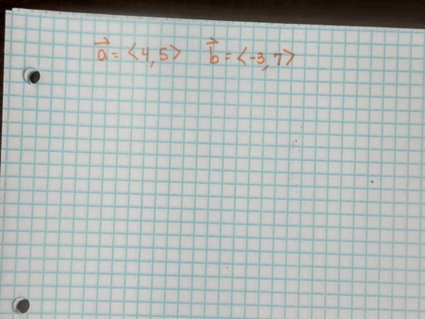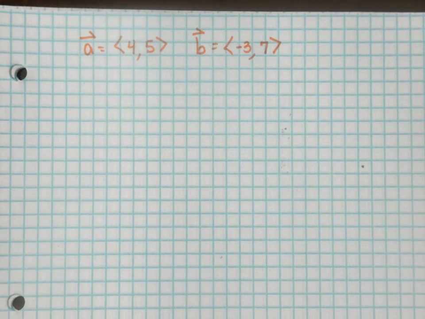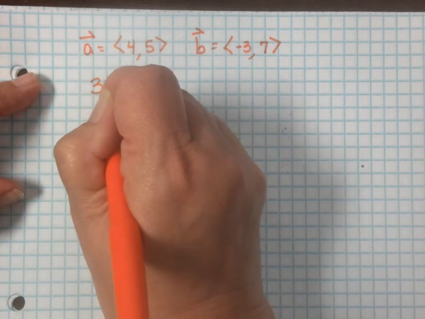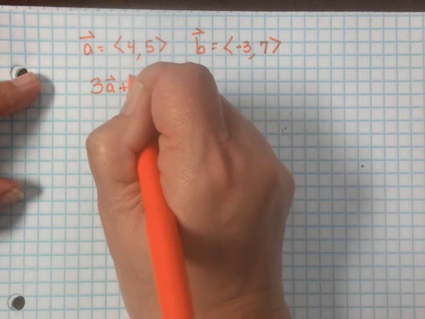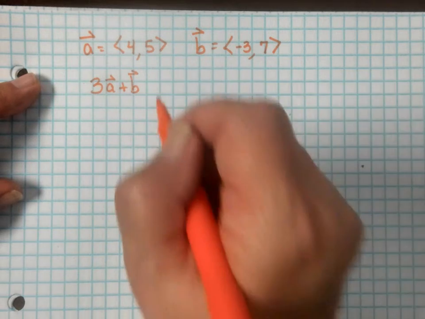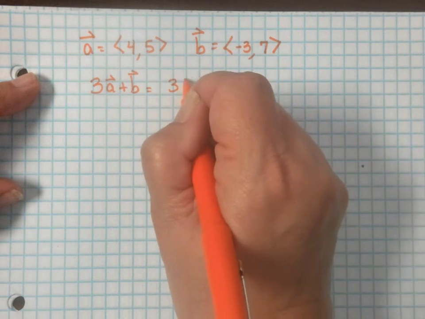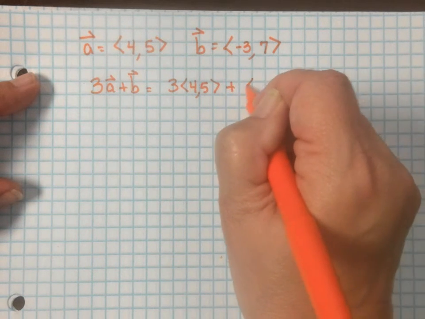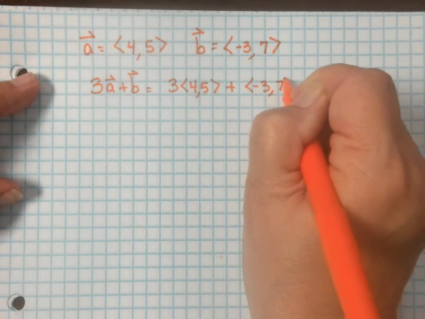I can add vectors together, I can subtract vectors, I can multiply a vector times a scalar. I can multiply a vector and then add it with another vector. Okay, so when we say vector operations, those are all the things we're doing. So what if I wanted to do 3 times vector A plus vector B? That would mean 3 times the vector 4, 5 plus the vector negative 3, 7.